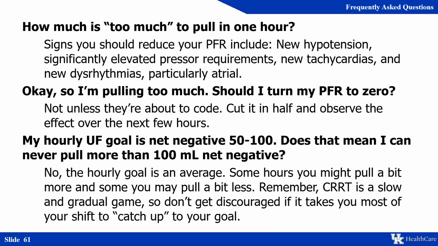Some hours you might be able to pull a little bit more than that, and a lot of hours you may not quite be able to pull that much. Remember, CRRT is slow and gradual, and sometimes it can be discouraging because you want to just do everything perfectly, but our patients don't always follow that same time scale. So make sure that you pull based on what your patient is tolerating, and if your patient does tolerate it, maybe you can pull a little extra.